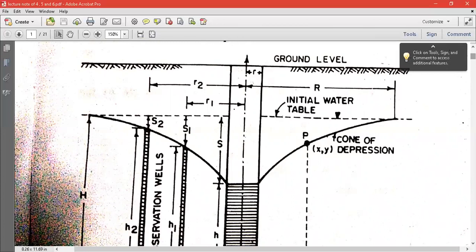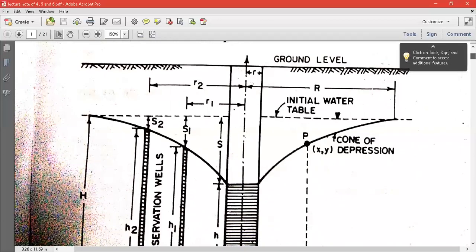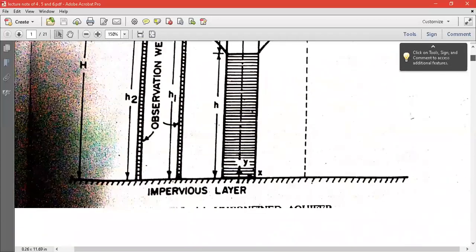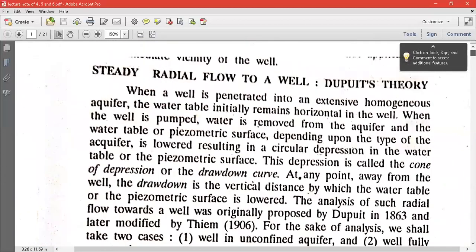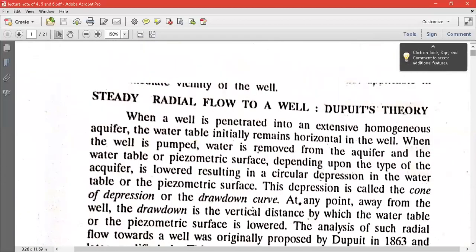That means x is the horizontal distance and y is the vertical distance from the center of the well. Now, as I have shown, at any point away from the well, the drawdown is the vertical distance by which the water table or the piezometric surface is lowered.